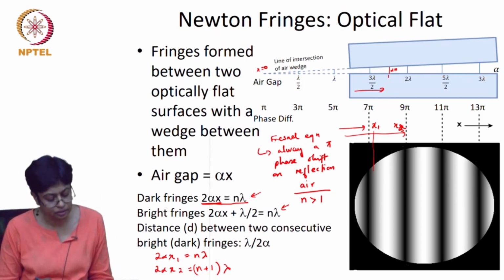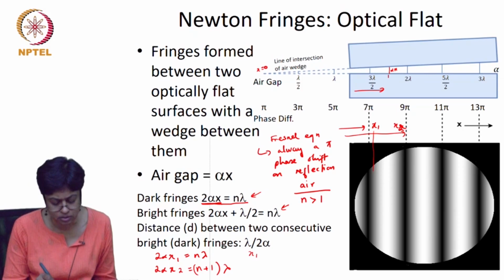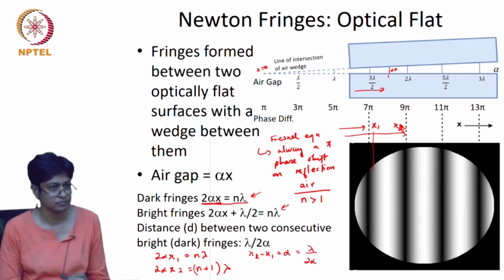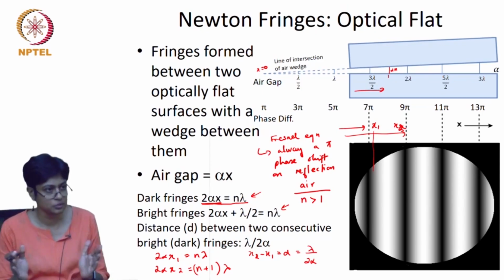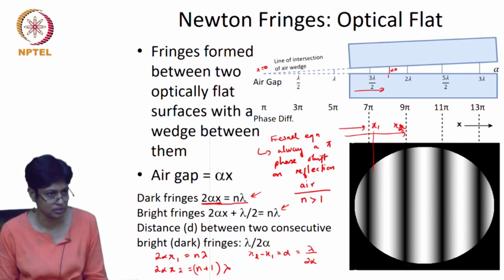If I take the difference between these two, x2 minus x1, the distance between them is going to be nothing but lambda by 2 alpha. And that's true whether I take the distance between two bright fringes or two dark fringes.